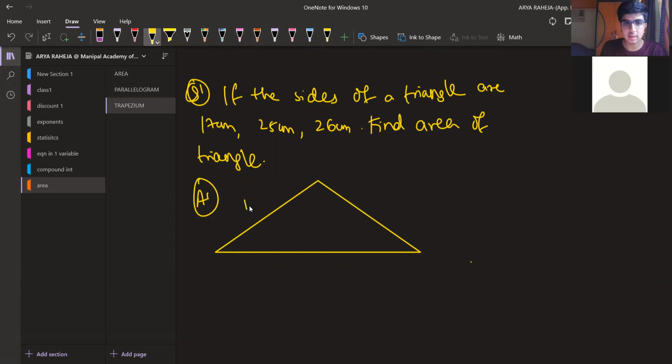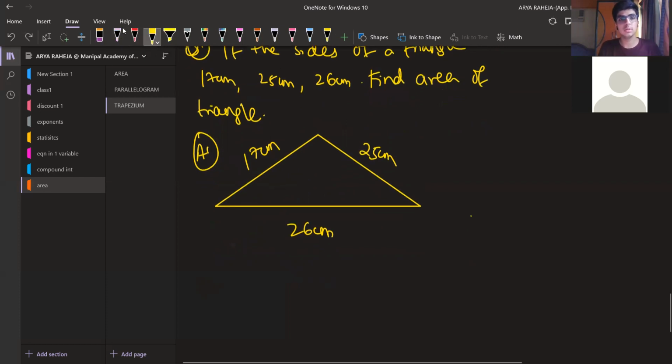This side is suppose 17 centimeter, this side is 25 centimeter and this side is 26 centimeter. तो पहले तो इस triangle में if we use half into base into height, base हो गया 26 but height क्या है? Height 17 नहीं है because that's the tilted thing. Height will be technically, if you go to see, it's this thing. So this is what we can't find that easily. That's why we need to use Heron's formula.